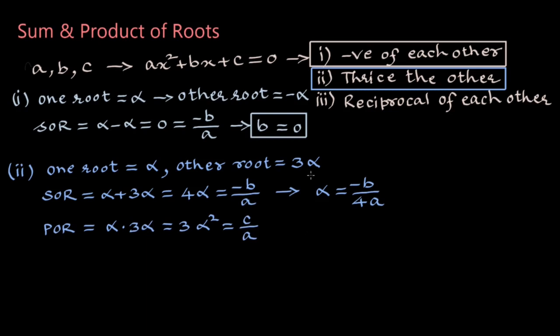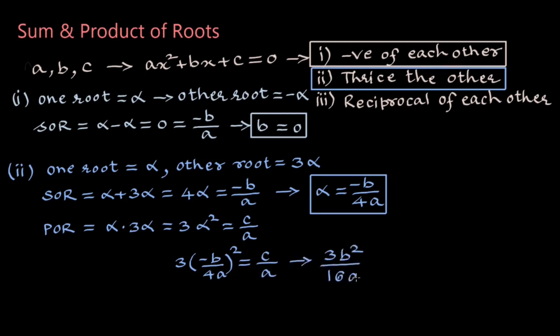Using this value of alpha here, this will be 3 into (minus b upon 4a) whole square, which equals c upon a, which further will be 3b square upon 16a square equals c upon a. Cancelling a from both sides, we get b square equals 16 upon 3 ac, and this is the second condition that we got.